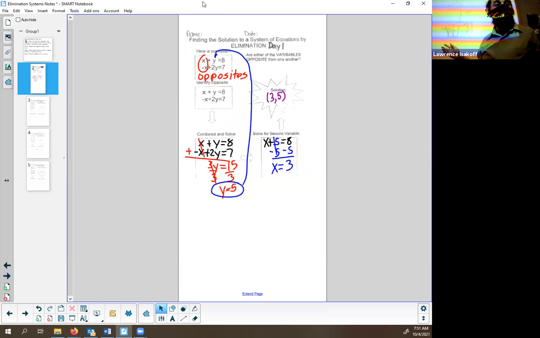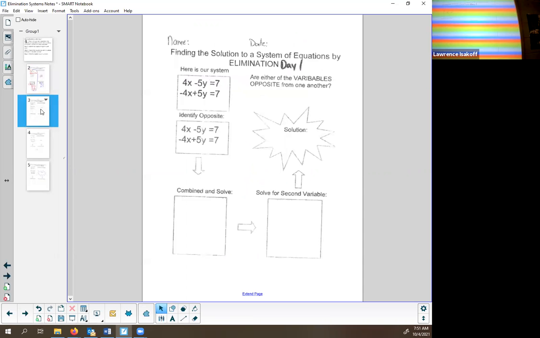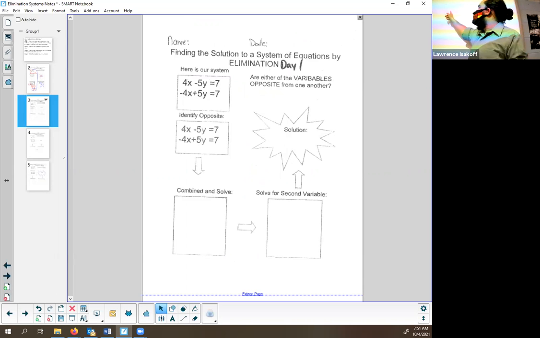Any questions on the first example? Okay, let's look at the second example. Oh, this one's interesting. Here I have 4x minus 5y equals 7. I also have negative 4x plus 5y equals 7. Do I have opposites here? Yeah.